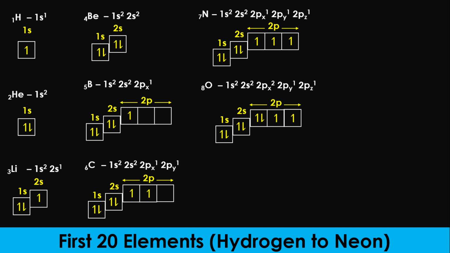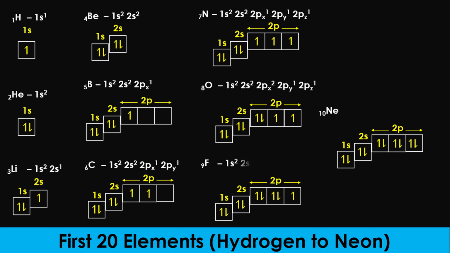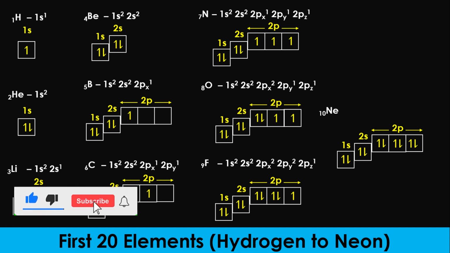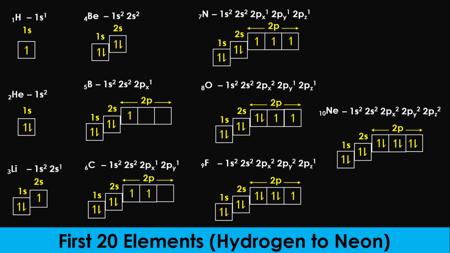This same explanation suffices for fluorine and neon with the electronic configurations 1s2, 2s2, 2px2, 2py2, 2pz1, and 1s2, 2s2, 2px2, 2py2, 2pz2, respectively.